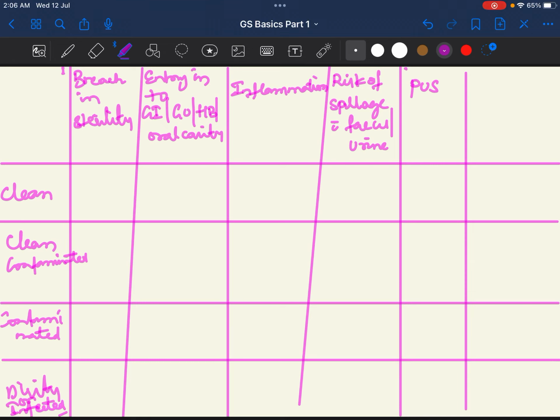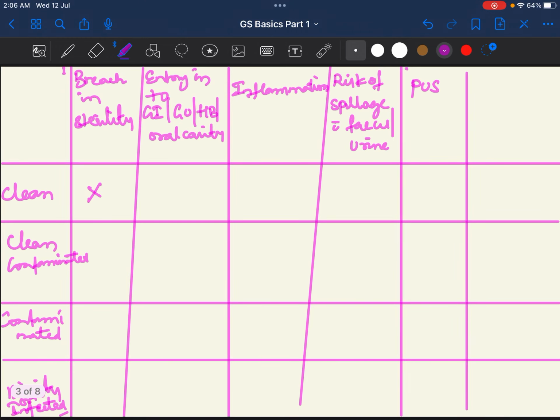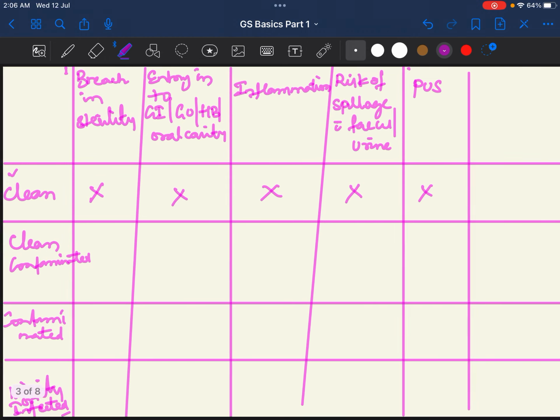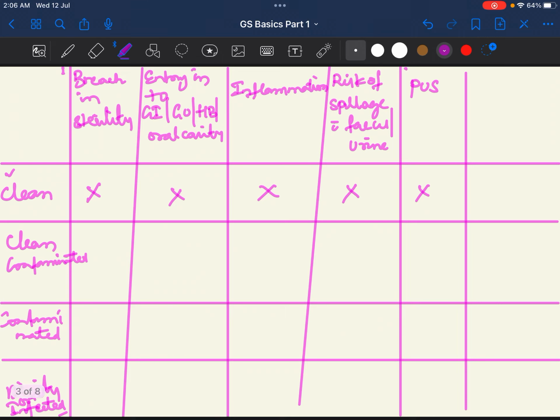So if there is no breach in sterility and you are not entering into the GI, genitourinary, hepatobiliary tract or oral cavity, and there is no inflammation or risk of spillage of feces or urine, and there is no pus, then this wound is a class 1 wound, and that is a clean wound.